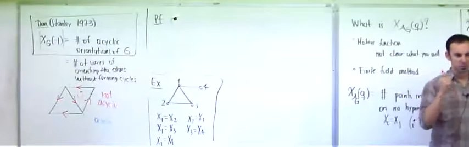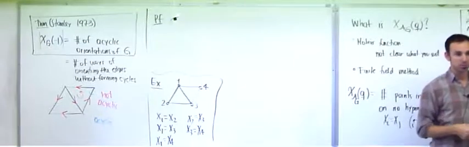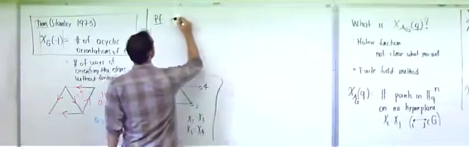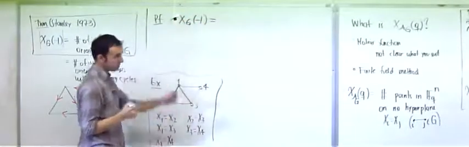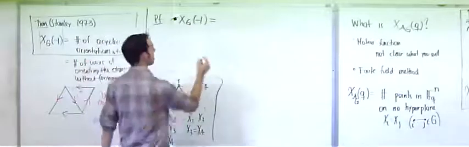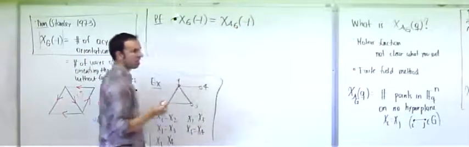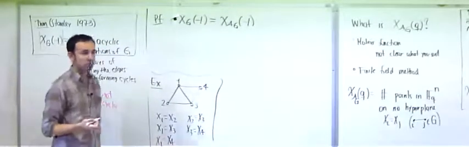We saw that if you plug in -1 into a characteristic polynomial, you're going to get the number of regions of the arrangement. So then what you can say is, if you plug in -1 into the chromatic polynomial, well, because the chromatic and the characteristic polynomial are the same thing, that's just like plugging in -1 here, and we know that that's the number of regions of the arrangement.